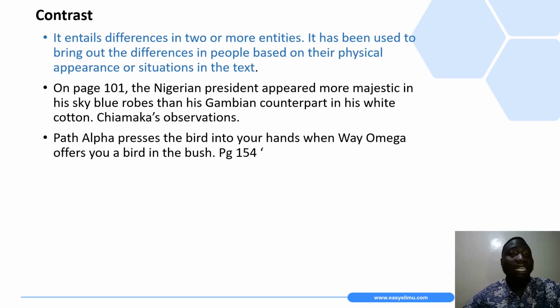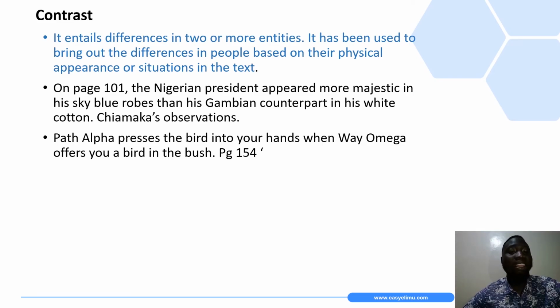Both of them are bringing aspect of fashion, but we can look at the degree of the fashion, that is by looking at the clothes that each is wearing. So that is why we are told that the Nigerian president appeared more majestic than the Gambian president.